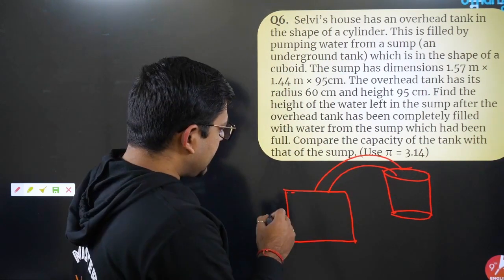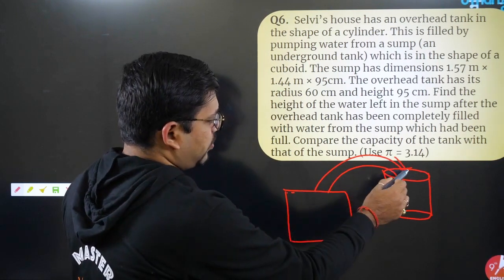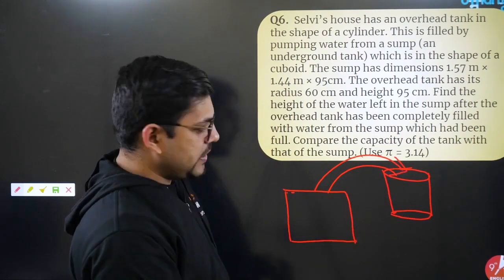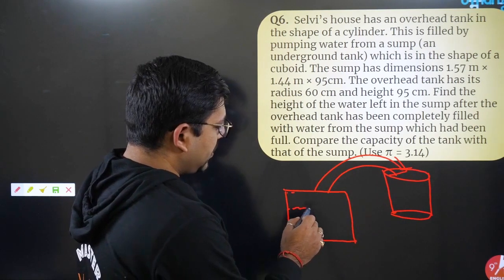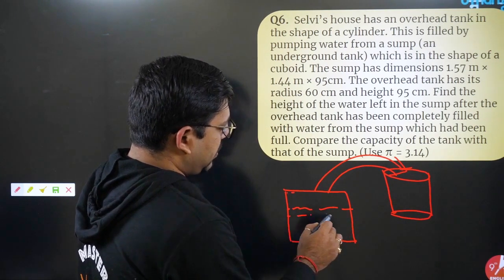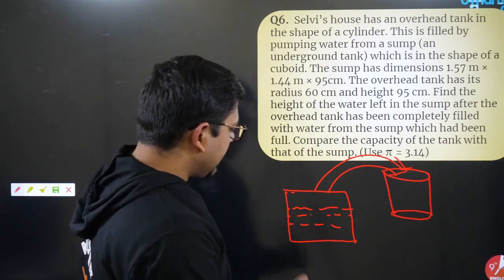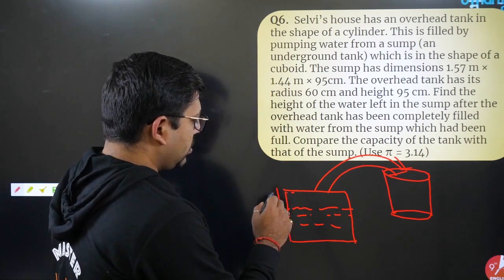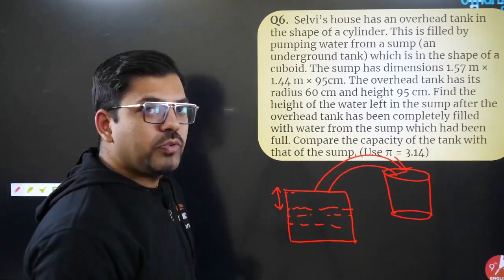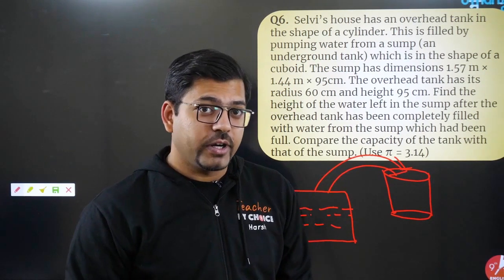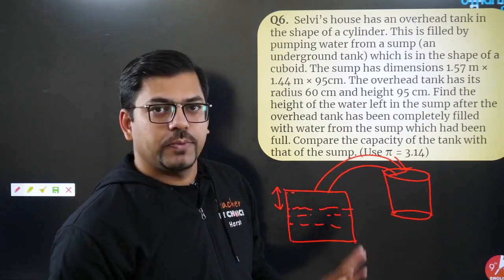Now if water passes from here to here, obviously the water level will come down. Say for example, now this much water is remaining after filling this. So surely there is a reduction in the height. So find how much the water height has been reduced when this tank is full.